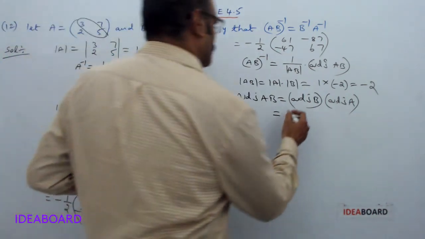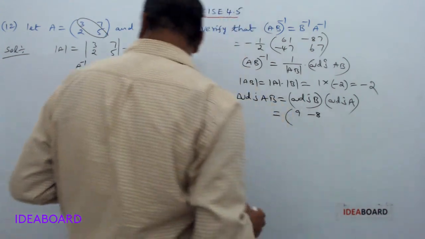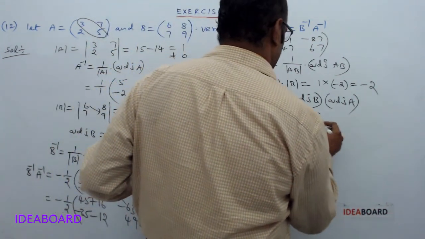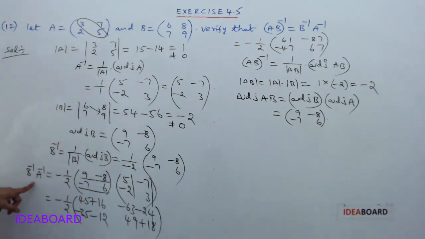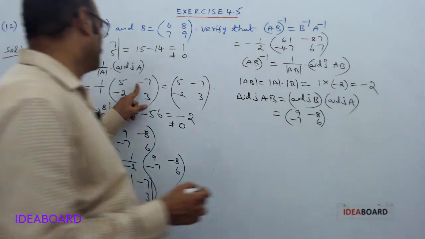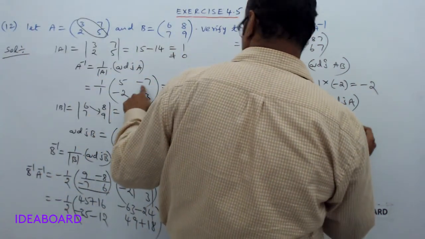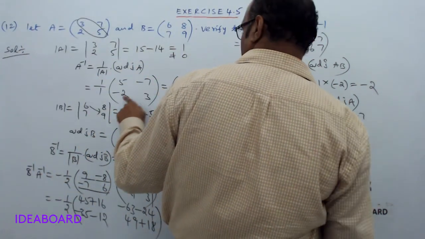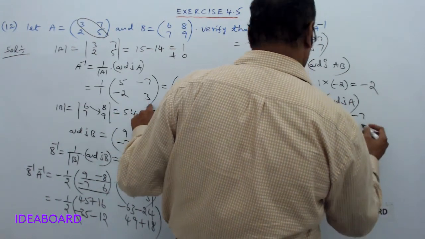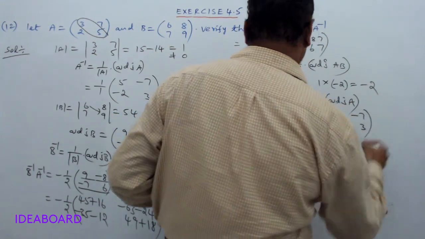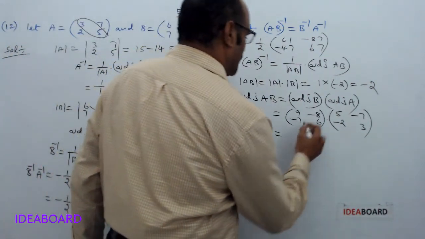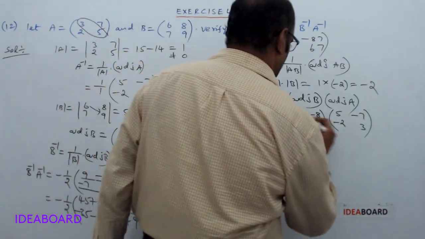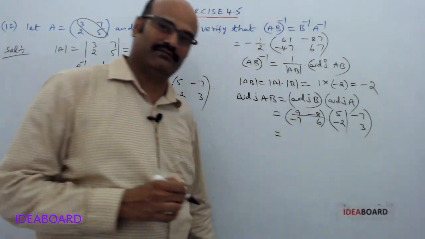adjoint of B equal to 9, minus 8, minus 7, 6 into adjoint of A equal to 5, minus 7, minus 2, 3. Now we have to multiply first row into first column.